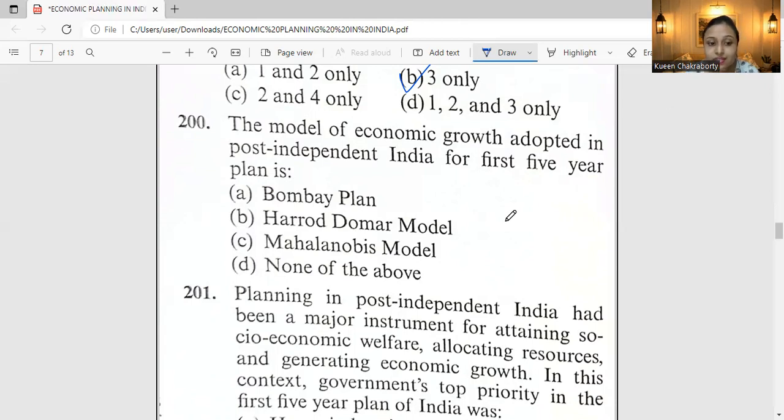Okay. So with this plan and motive, it was based on the Harrod-Domar model. This model was based on the objective to stress the importance of savings and investment as key determinants of growth. Accordingly, our option number B is the correct answer, which is Harrod-Domar model.